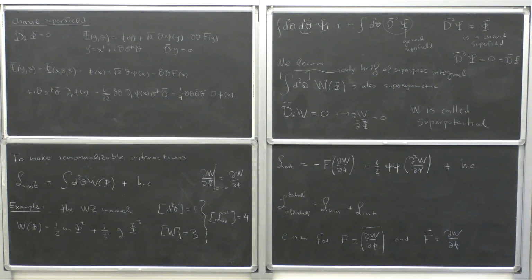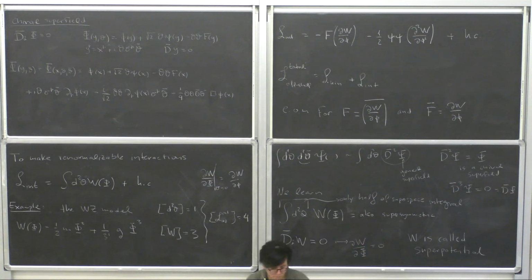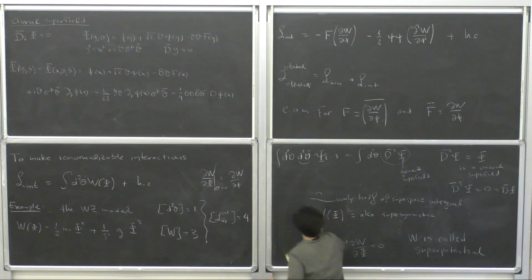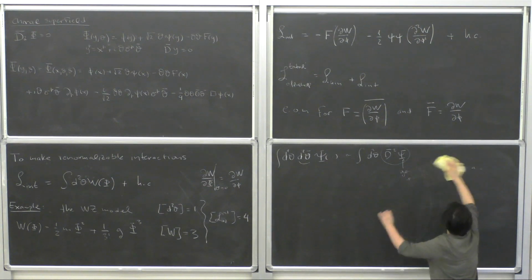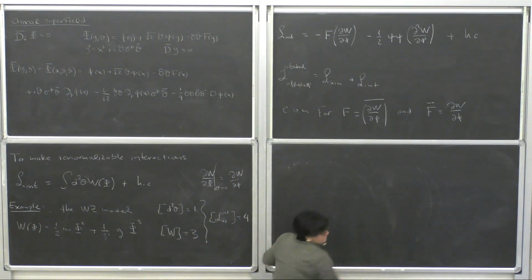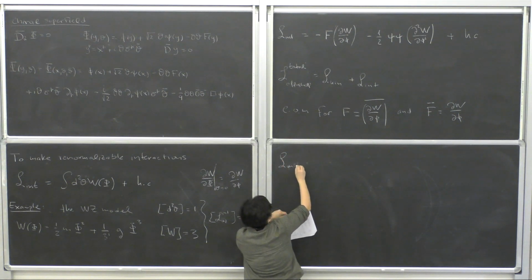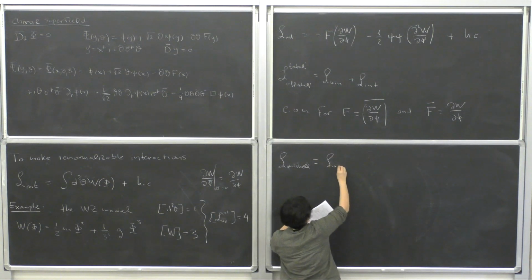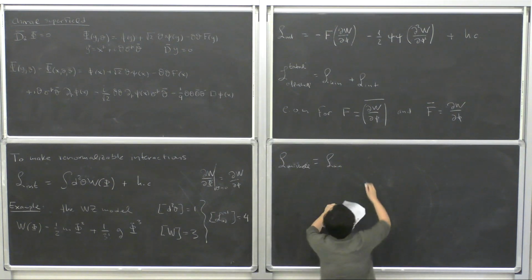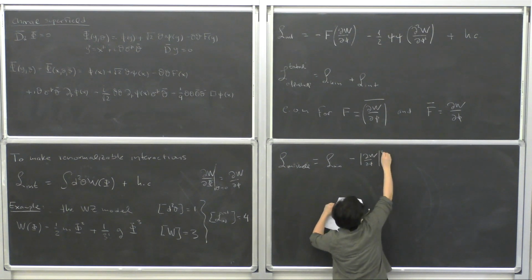And once I have it, I go and I plug it back in. And I get the on-shell Lagrangian, which is the kinetic term, that I don't repeat because I'm bored. And then the absolute value squared.